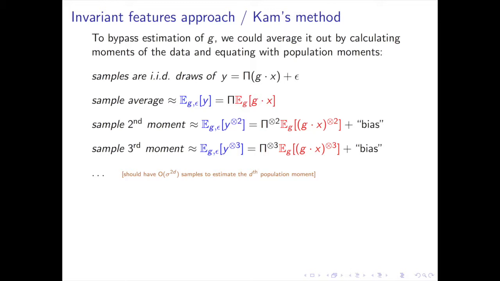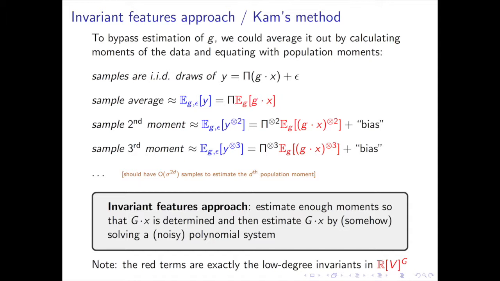So what you should think is that you have approximations to the right-hand side, to the red terms, projected by pi, with a little bit of noise. Your goal is to try to estimate the orbit. The invariant features approach is to first estimate enough moments by sample averages, so that you have enough population moments for the orbit to be determined.